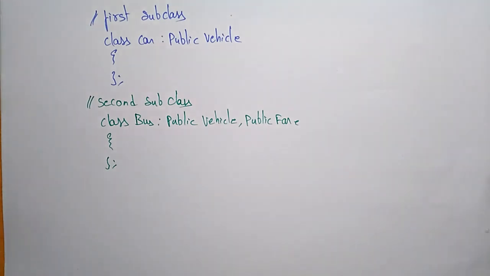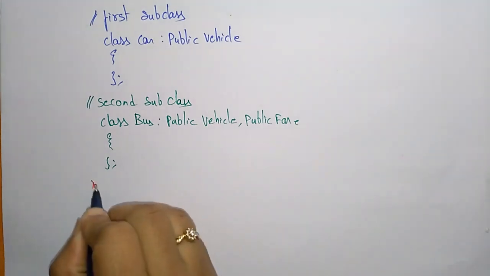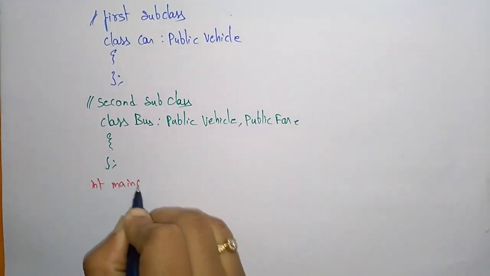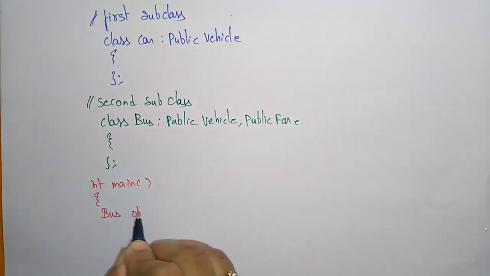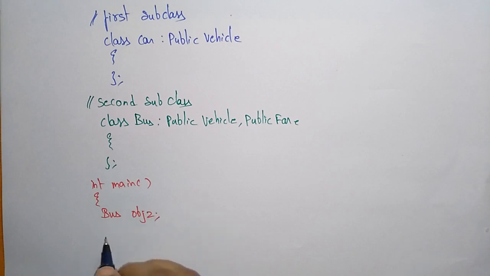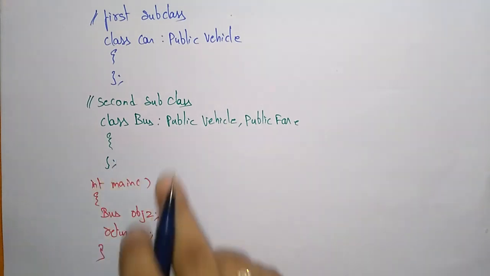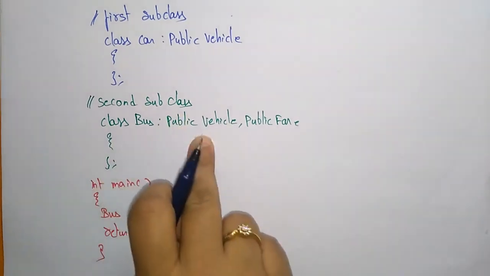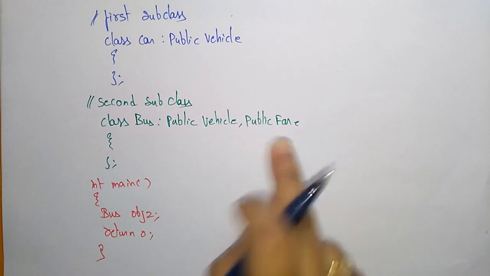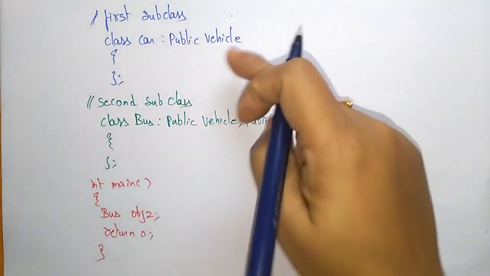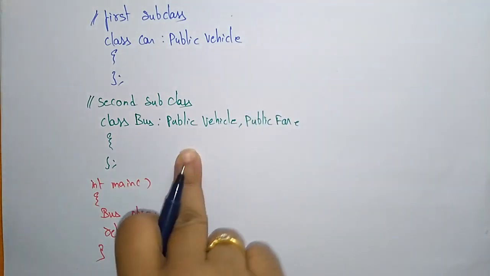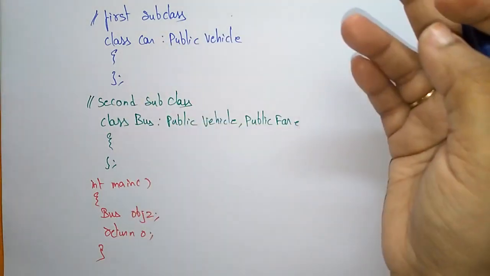Now coming to the main program. Int main. Just create an object for Bus, obj2. Return 0. Why am I creating it only for this? Because this class inherits from both the classes, so it inherits the properties of Vehicle as well as public Fare.